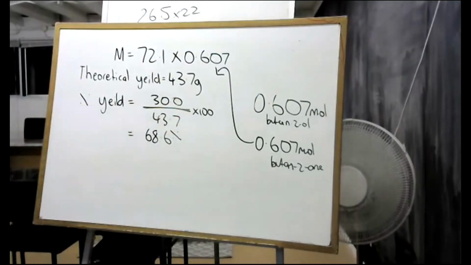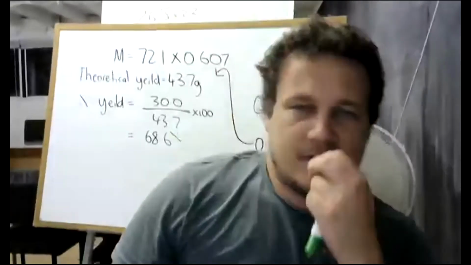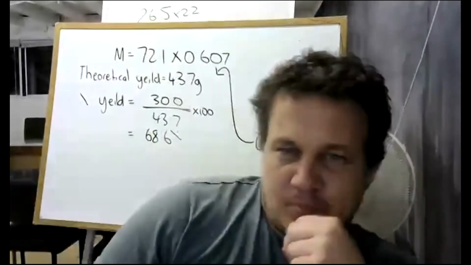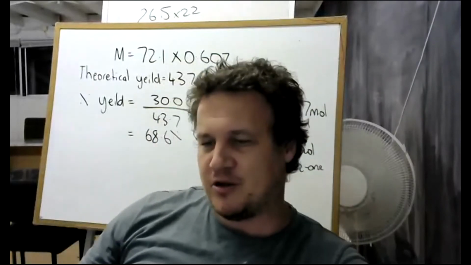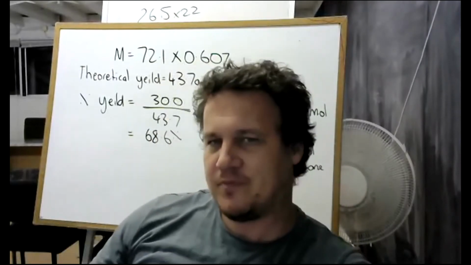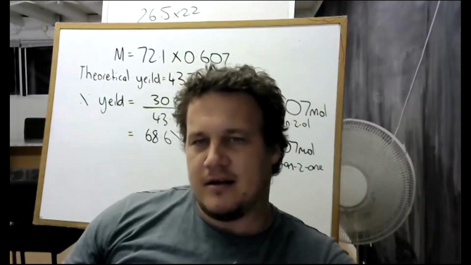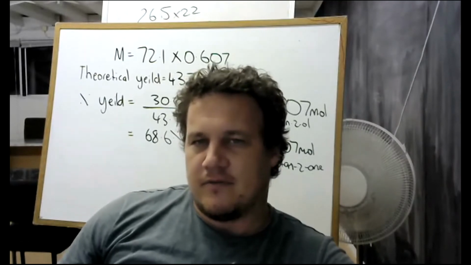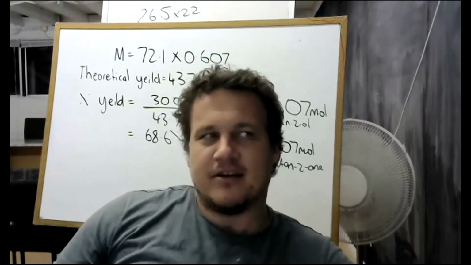So if we were to write that out as a step by step, you would calculate the molar mass of both butan-2-ol and butan-2-one. Figure out the number of moles of the reactant.